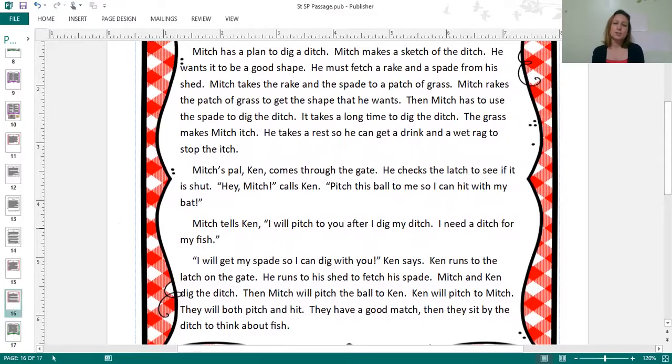As you read this, what kind of fish might Mitch put into his ditch? It's kind of a tongue twister there. Think about if he's digging a ditch out in his yard to put fish into, what kind of fish might he put out there? So take your time, read through that.